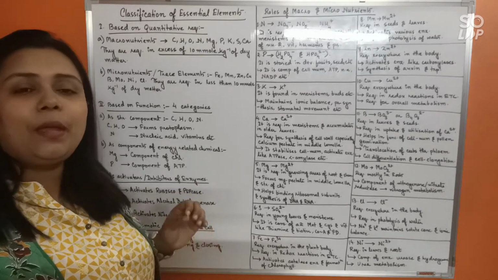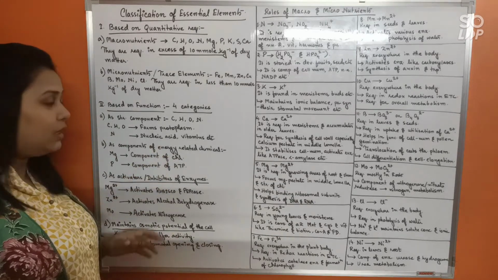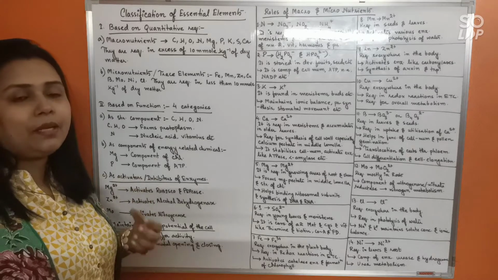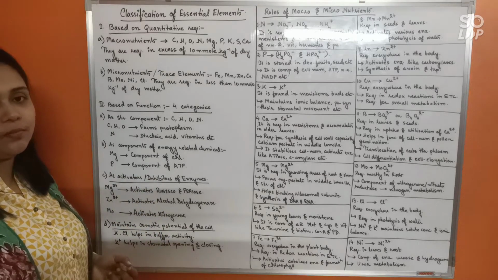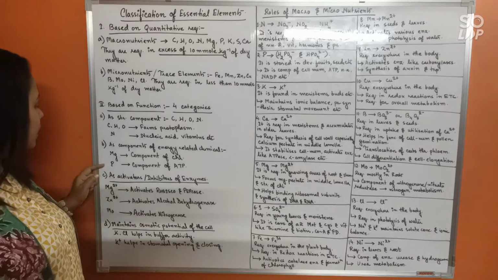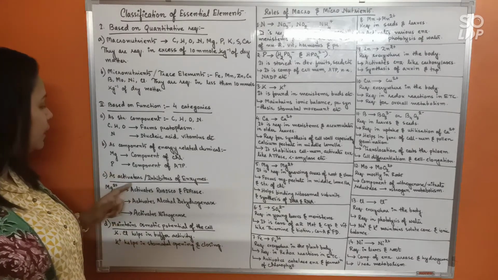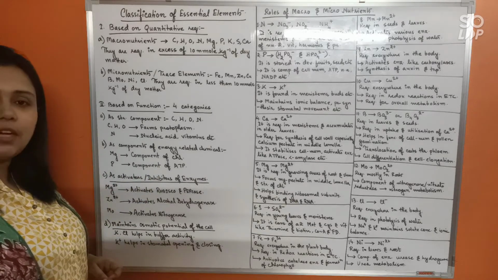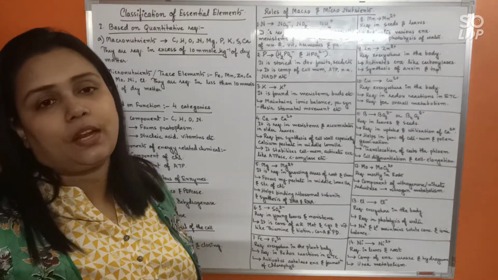That's how magnesium becomes a very important energy related chemical, because it is associated with entrapping sunlight during photosynthesis. Now, phosphorus. Phosphorus is a component of ATP, adenosine triphosphate. Adenosine triphosphate is the energy currency of the cell after all.